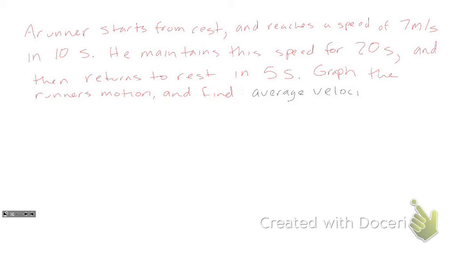Sorry, what am I finding on a velocity time graph if I find the slope? Find average acceleration and find total distance ran.